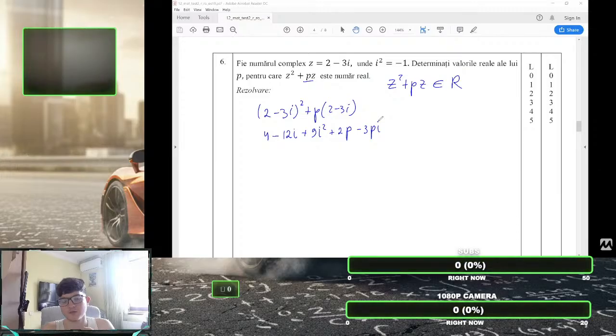Okay, now we just remove i to the second power by switching the sign, and we get minus 9 plus 2p minus 3pi. This is what we have currently. And from here we just remove the imaginary part, right? So minus 5 plus 2p.